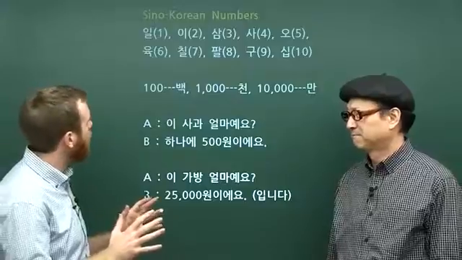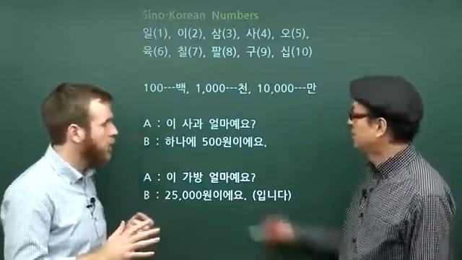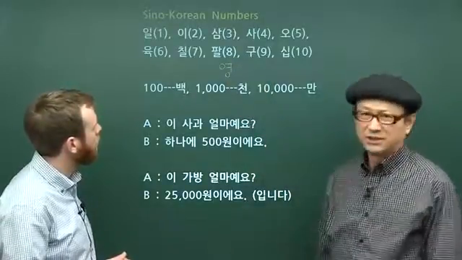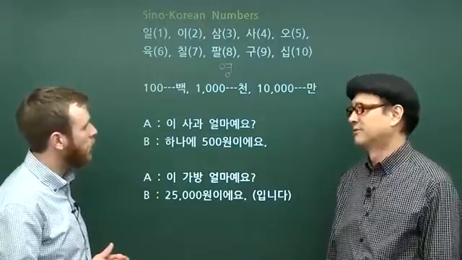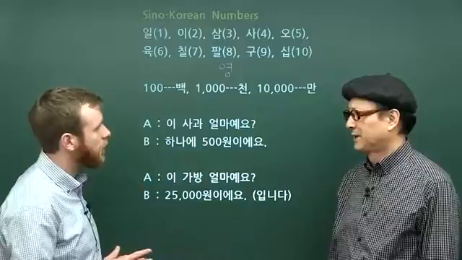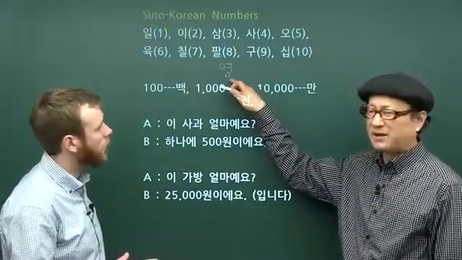We don't have 0 up here, but what does 0 sound like? 0 is like this: young. Is that the only way to say 0? That's 0 in math class.